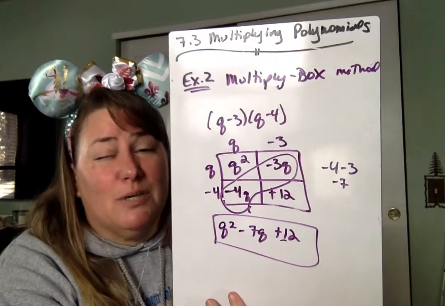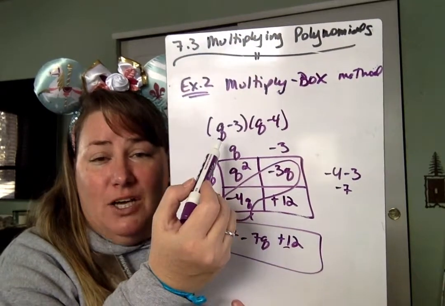And it works with pretty much any binomials as long as your coefficients are 1. So if I just go quickly, you still have to show work, ladies. Let's go x plus 11 and x minus 3.